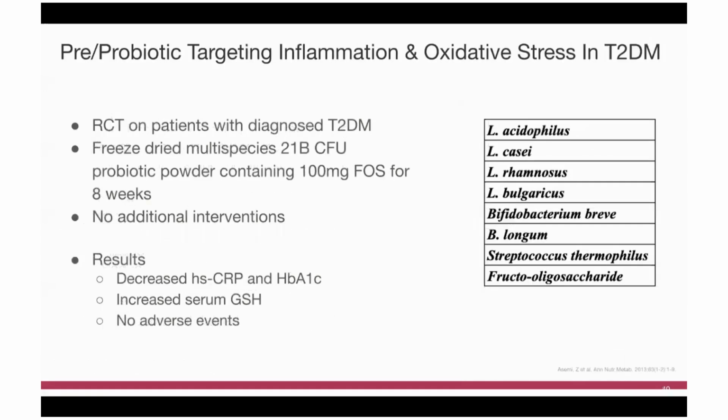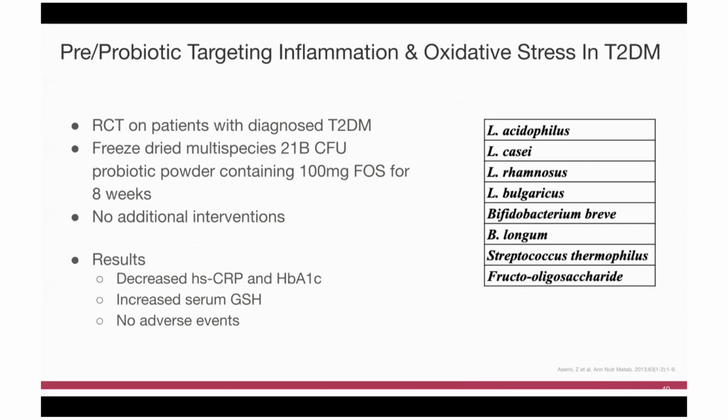This particular study was assessing a pre and a probiotic targeting inflammation and oxidative stress in type 2 diabetics. It was a randomized controlled trial on patients already diagnosed. They were given freeze-dried multi-species 21 billion CFU probiotic powder.